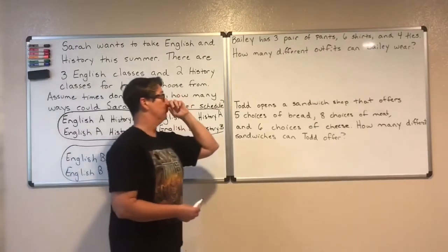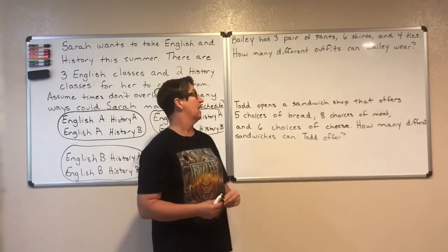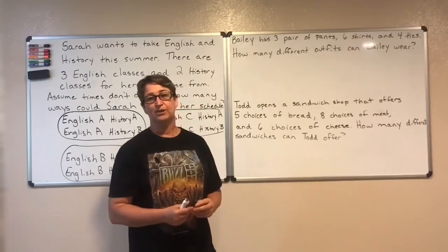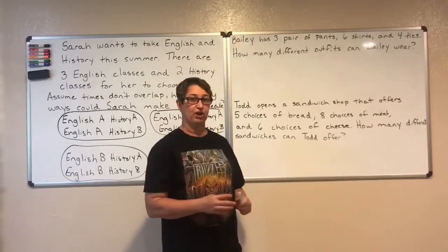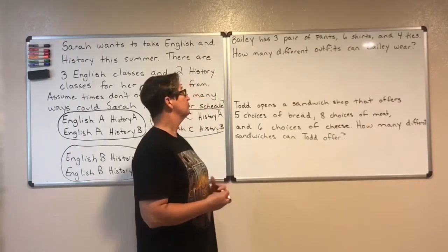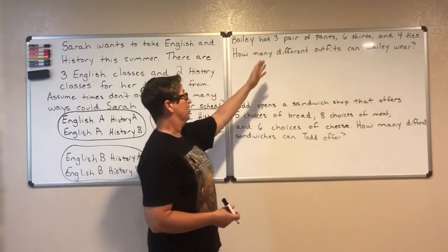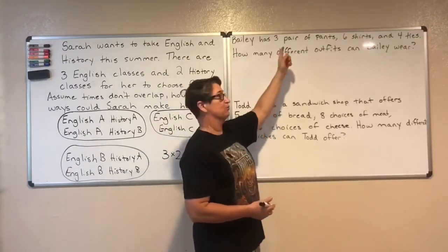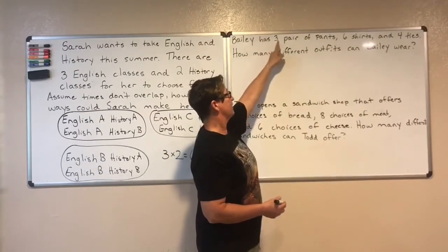Here's another example. Bailey has 3 pair of pants, 6 shirts, and 4 ties. And he wants to know how many days he can stretch that out and look like he has a different outfit on every single day. So we can determine how many different outfits he can wear by using that fundamental counting principle. This is the same as the English, where we have 3 different pair of pants.